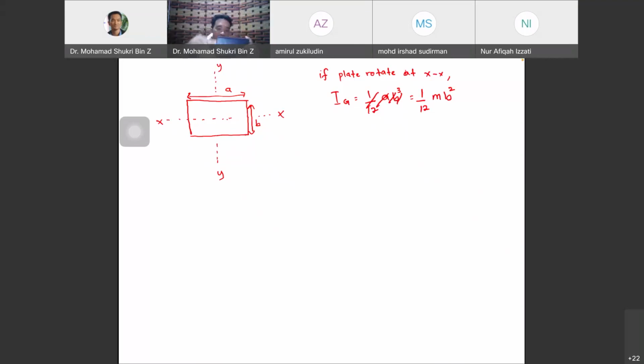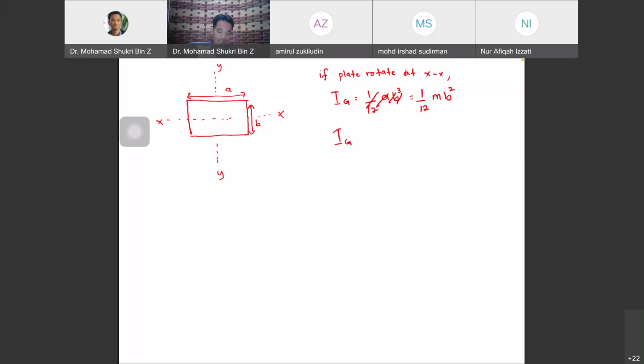If you rotate like this, MB squared. Yang ini you square kan. Dan kalau you rotate macam ni, yang ini adalah A squared. Yang atas ni you square kan. MA squared.